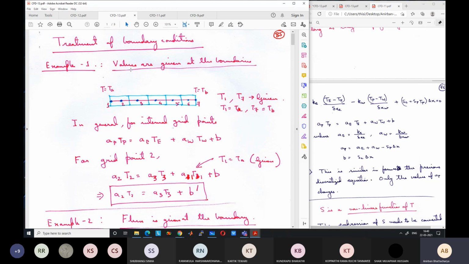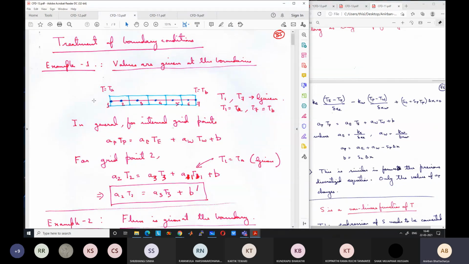If it is an energy equation problem, temperature is given. If it is a flow problem, velocities are given. Whatever is the variable, its values are given. For a concentration problem, the concentration itself is given. So variable values are given at the two boundaries, or at any boundary.